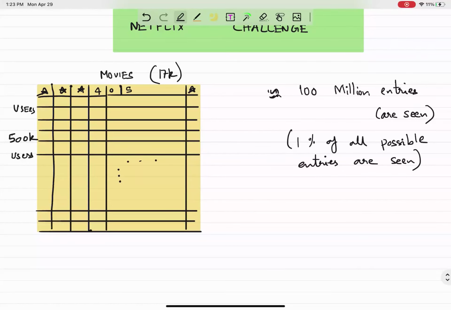Some of them still did pretty well, rating so many entries. 100 million entries are rated, roughly 1% of all possible entries. On average, each user has rated about 170 movies. And what was the goal? The goal is to guess the missing scores.